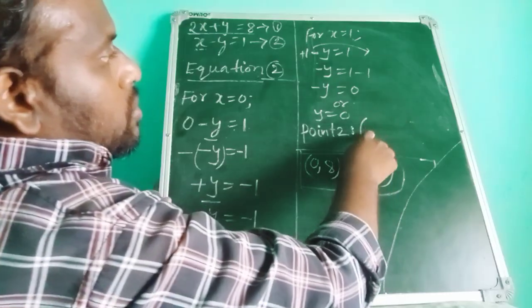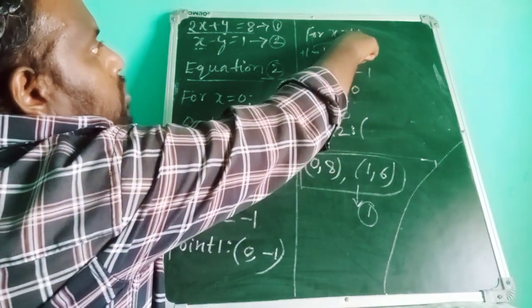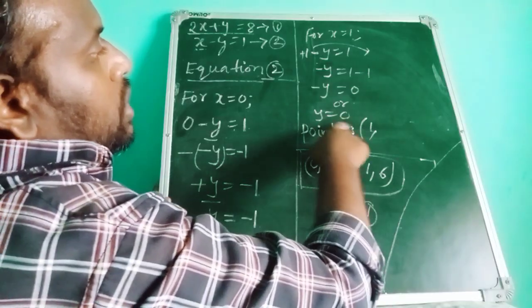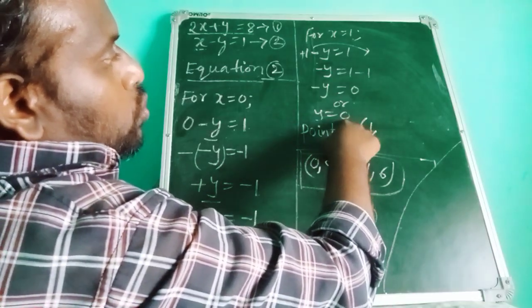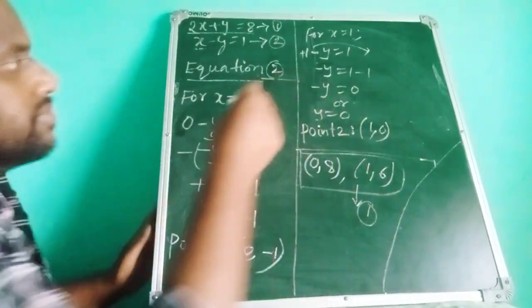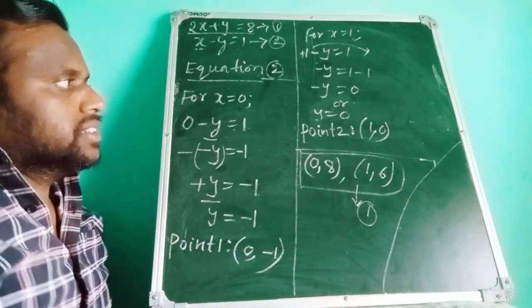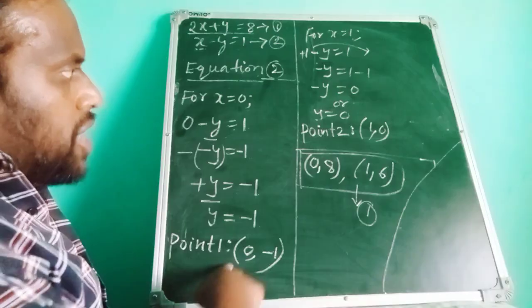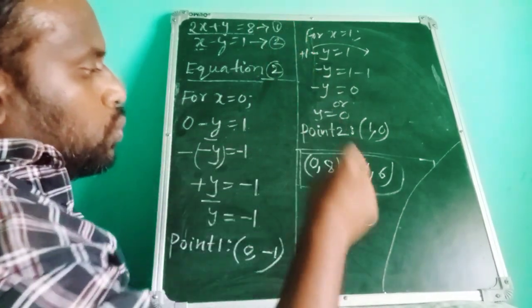Open the bracket, write the x value. X is equal to 1 we have taken, so I will write 1. Next write the y value. We got y is equal to 0, so I will write 0. So we got 2 points, point 1 and point 2, for this equation 2.